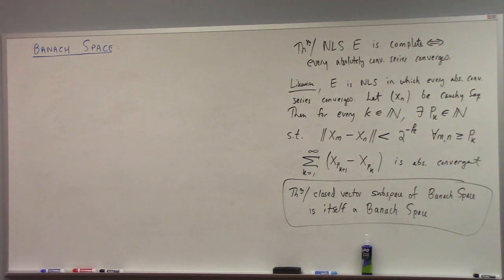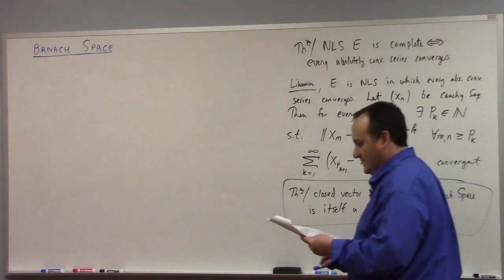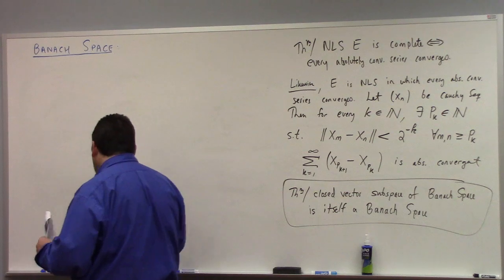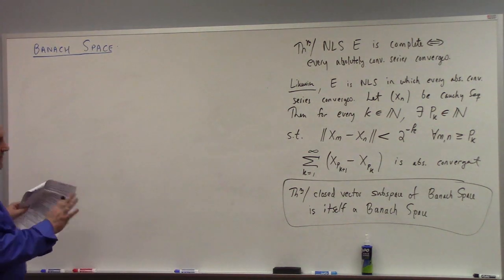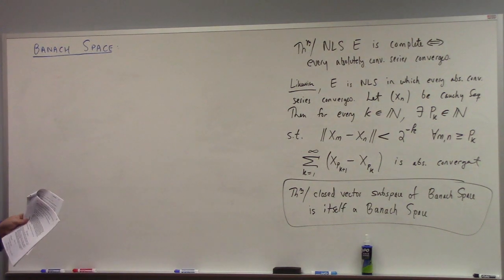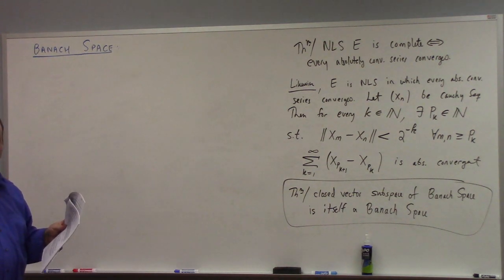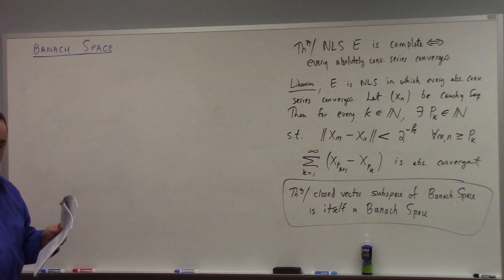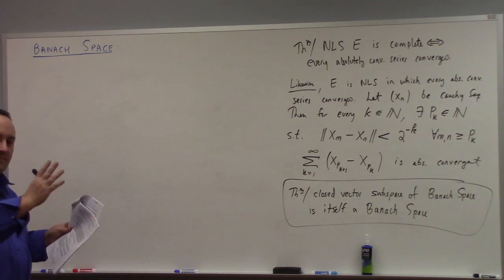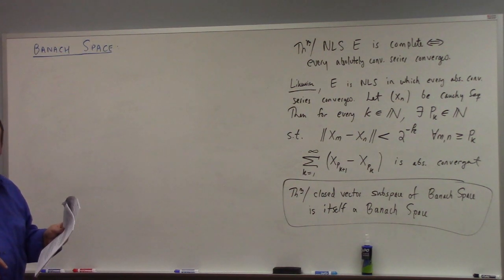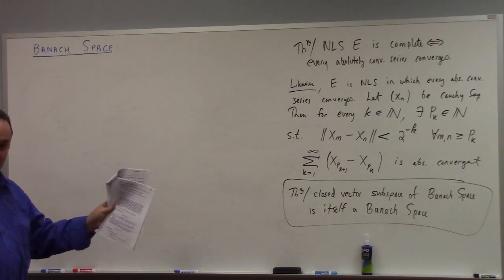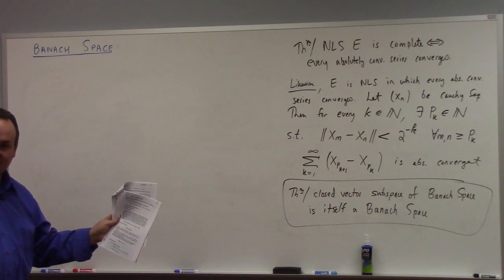Okay, this is important. We have seen that not every space is complete. There are any number of normed linear spaces which are not complete. The neat thing is, there is a general construction to take any incomplete space and formally extend it to a larger space which is complete.